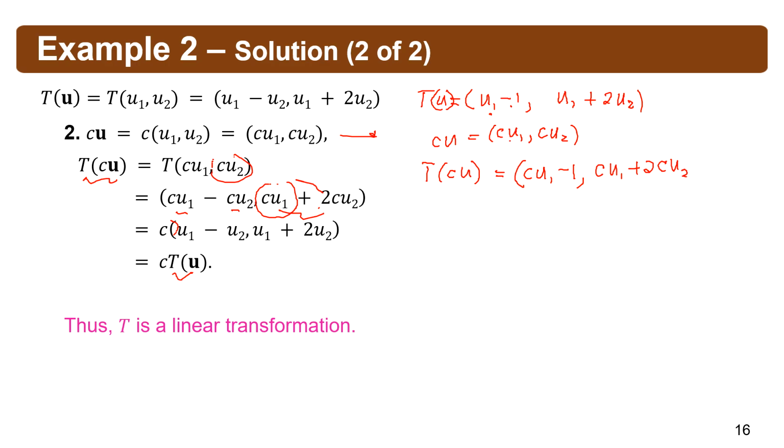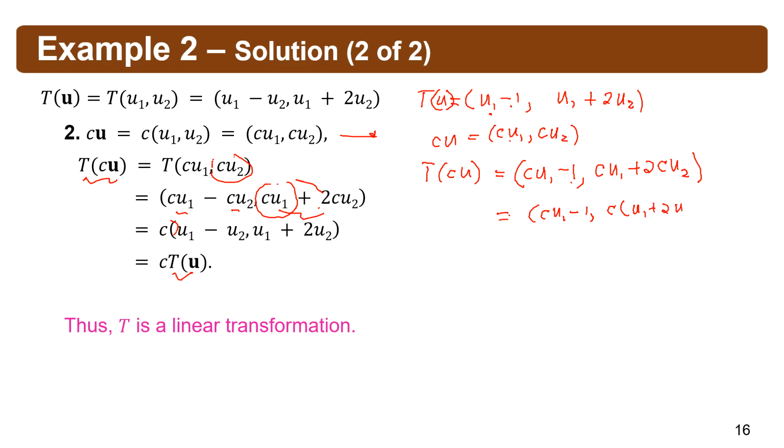CU2. Now, very obvious here that in the first component, you cannot factor out C, because there is no C here. Because it says here it must be 1. It's not a variable. So you see, this is a type of transformation that will not give a linear transformation. In the second component, you can factor out C, because it is common.